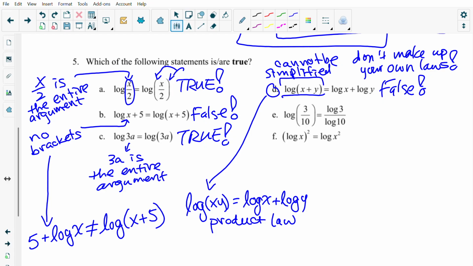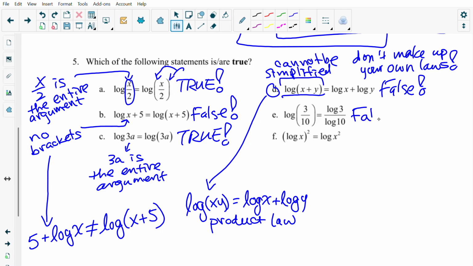Letter E, log of 3 divided by 10. That's the entire argument, folks. Okay, that does not equal log of 3 divided by log of 10. I cannot just take that log as an operator. It's an operation that we're doing on the fraction 3/10. I cannot just distribute it as if we're doing basic algebra.